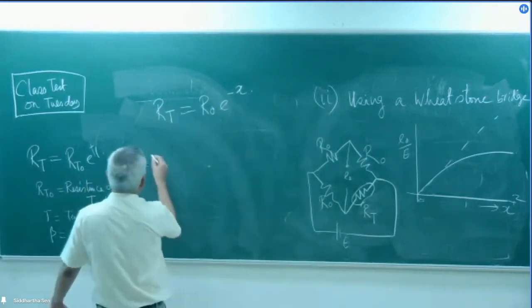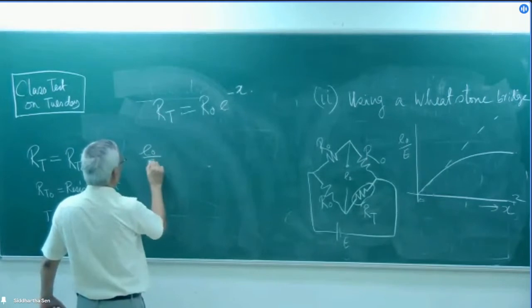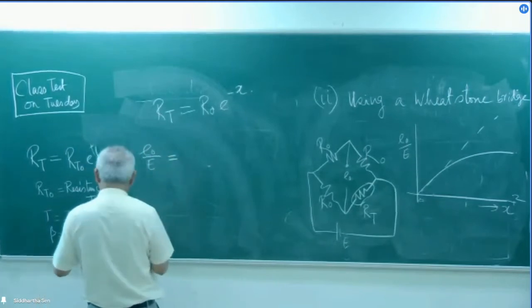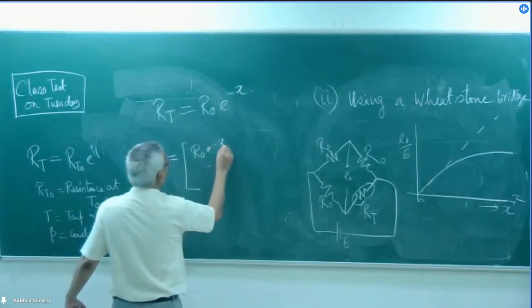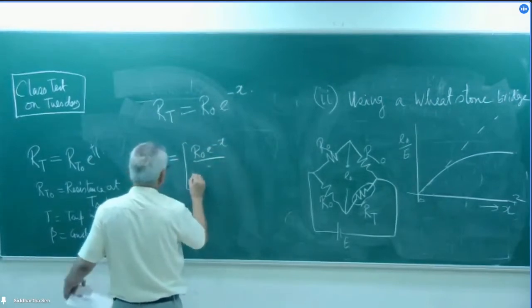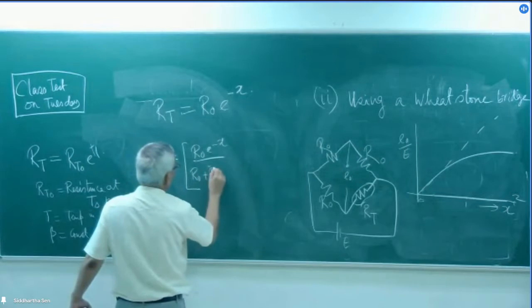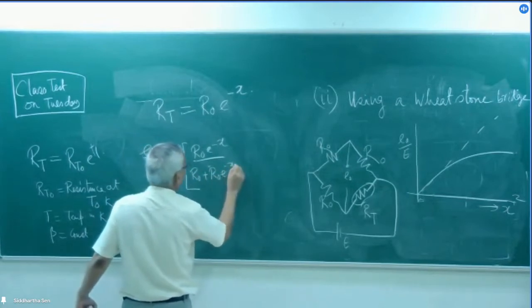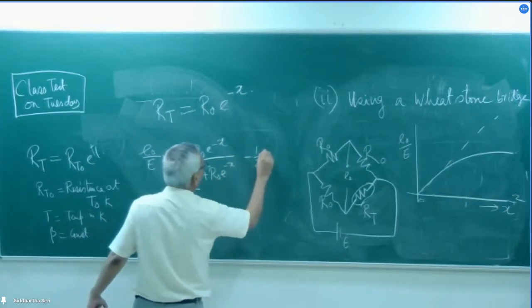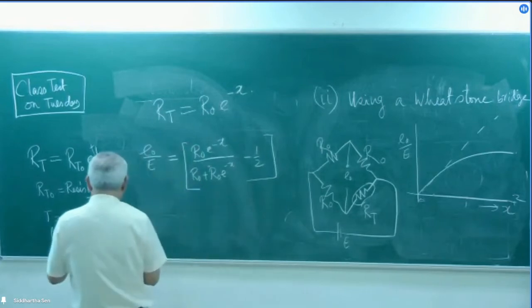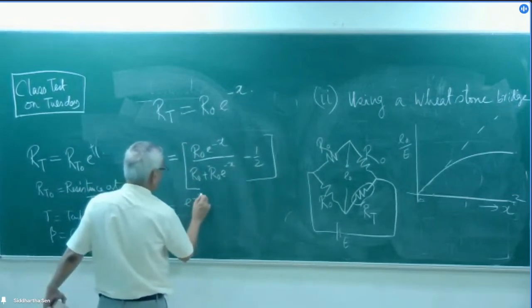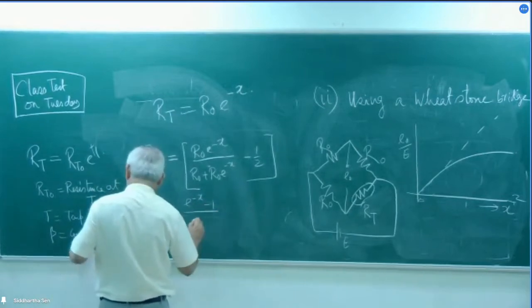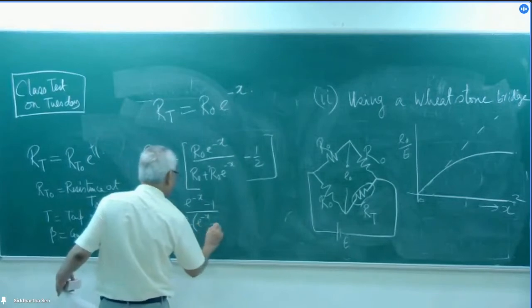So in that case, E0 by capital E is equal to R0 e to the power minus x divided by R0 plus R0 e to the power minus x, minus half. And simplifying it, it is e to the power minus x minus 1 divided by 2 into e to the power minus x plus 1.